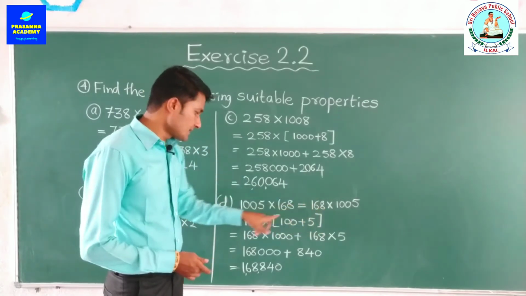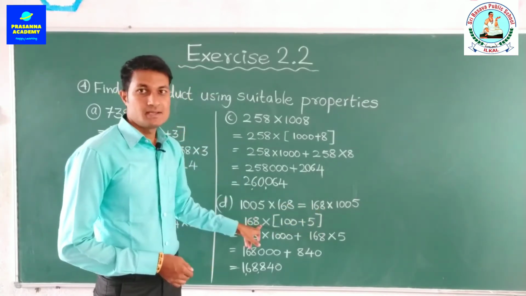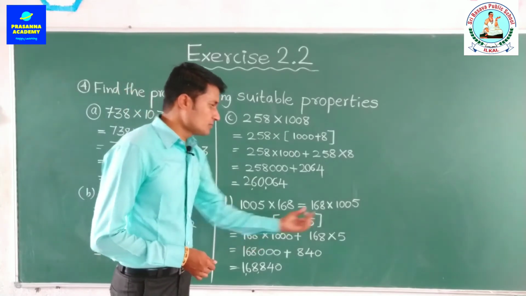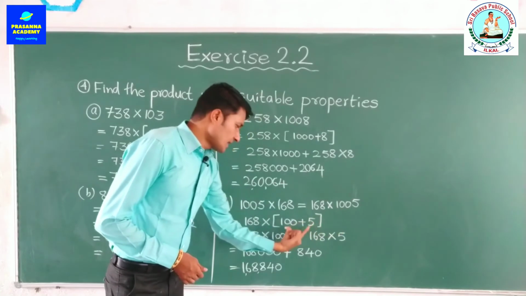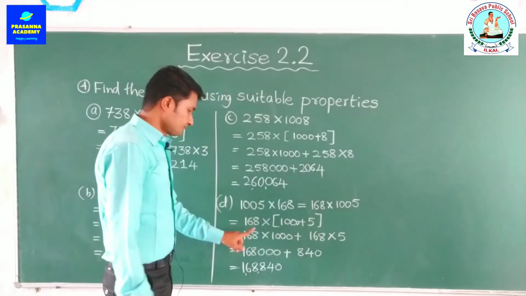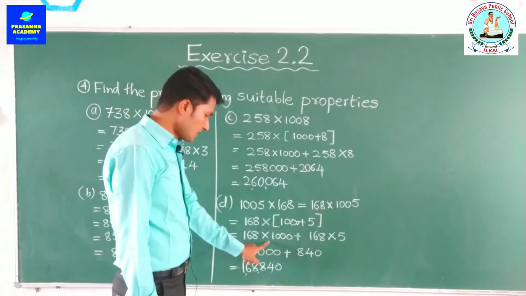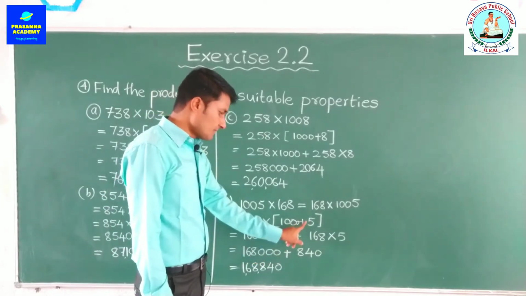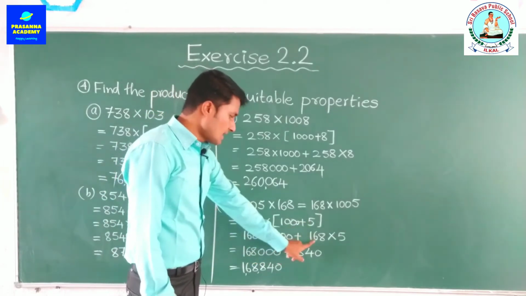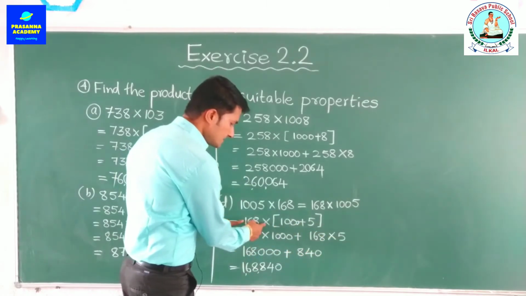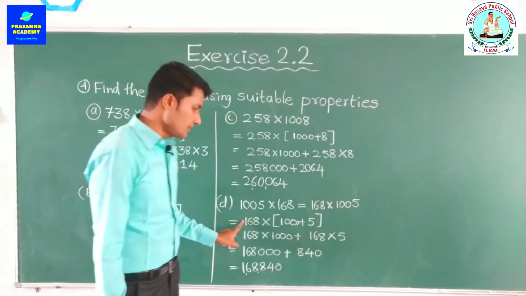Now I take this arrangement and I apply the distributive property, but before applying it, I am going to break this 1005 like this, 1000 plus 5. Now 168 times 1000, plus as it is, and 168 times 5 that I have written here.